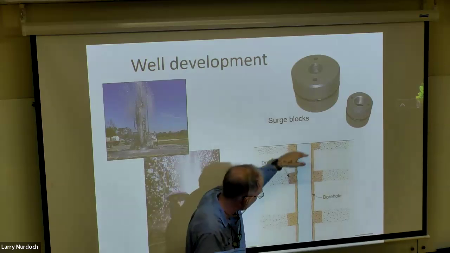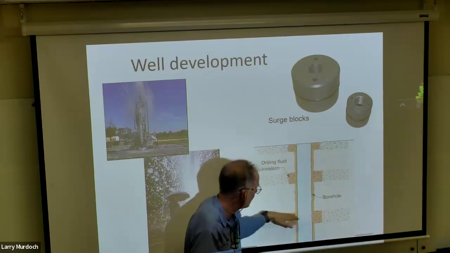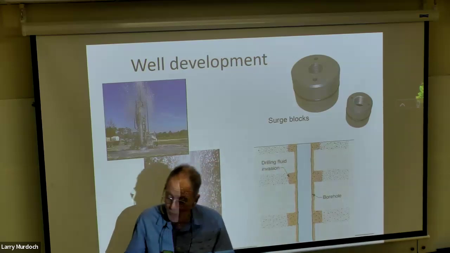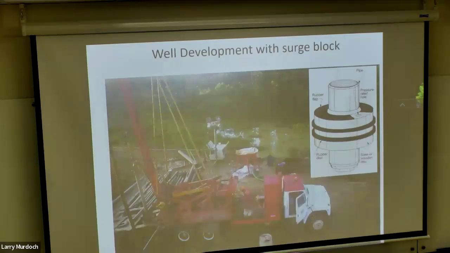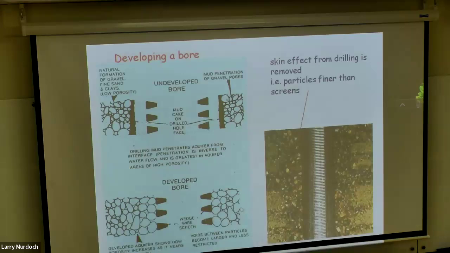That pushes water in and pushes it back out and mobilizes fine particles. So that gets the particles mobilized and hopefully out. Here's a surge block. There it is, and it's a heavy thing that's getting hoisted and dropped down into the well. This rig.